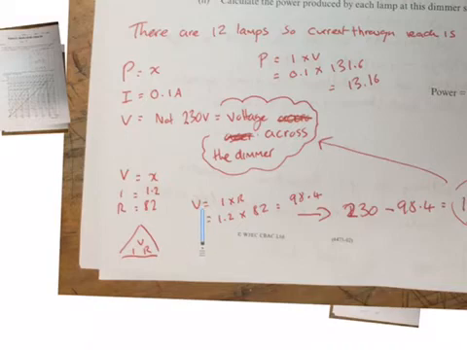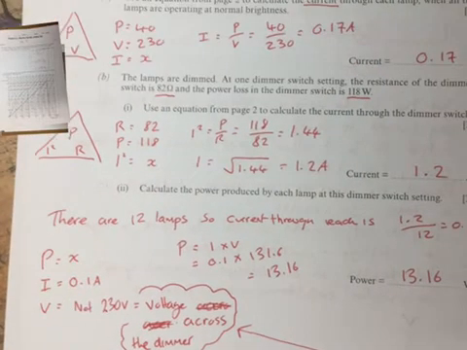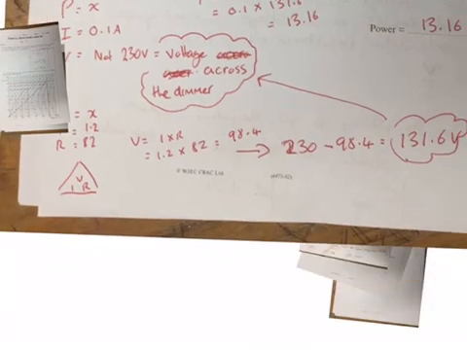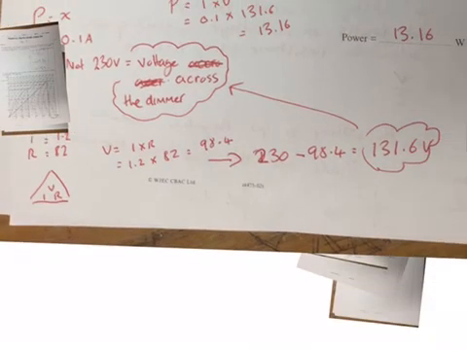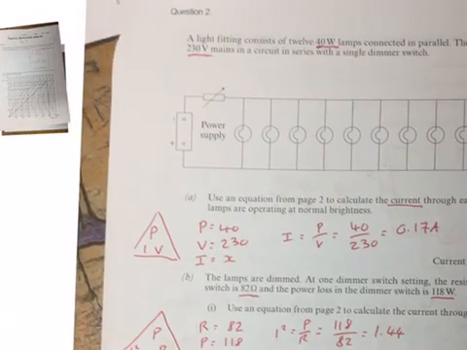So I'm going to say V equals I R. 1.2 times 82 is going to be 98.4. Now, that's your voltage loss. That's why I was pointing at this before, because that's your power loss. You could have done it with a power equation, but then it gets confusing because you've got that I squared. So I start with 230 up here.